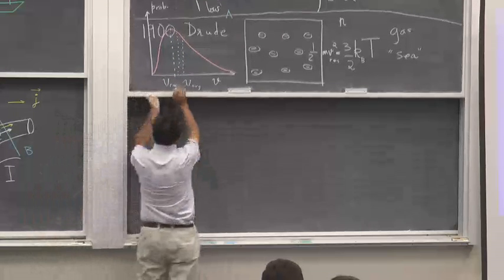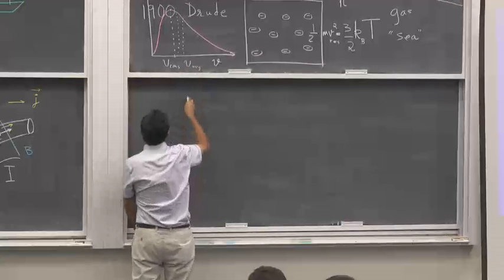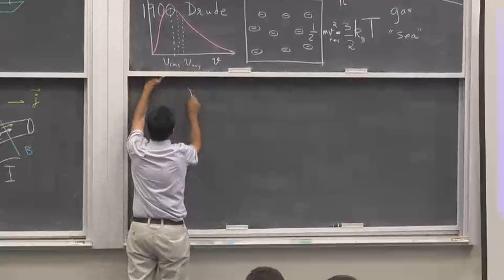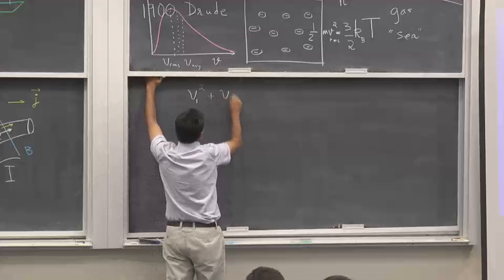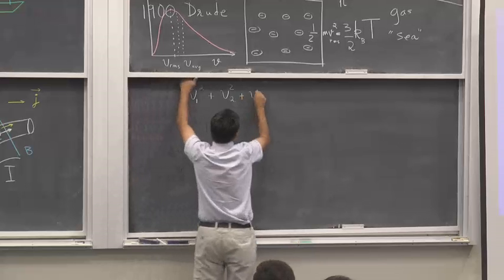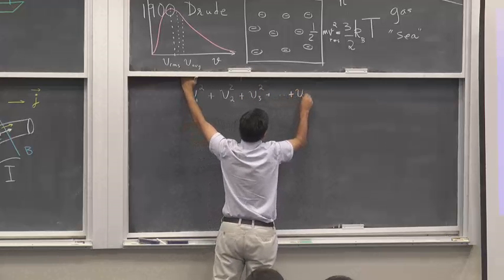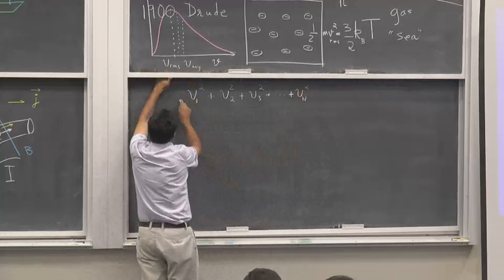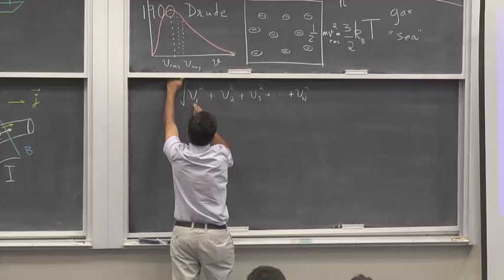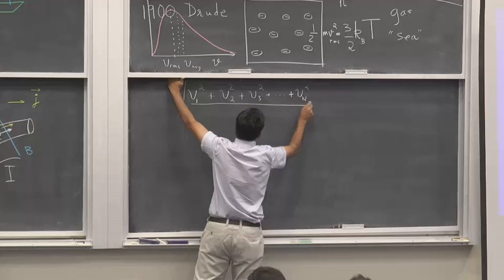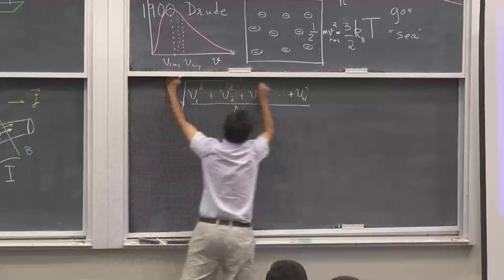And how do you find out the root mean square speed? The root mean square speed simply means that I take the speed of the first electron, square it. Then I take the speed of the second electron, I square it. I take the speed of the third electron, I square it. I take the speed of all the electrons inside the system, I square them, add them up. After I add them up, I divide by the number of electrons, then I take the square root of this quantity.